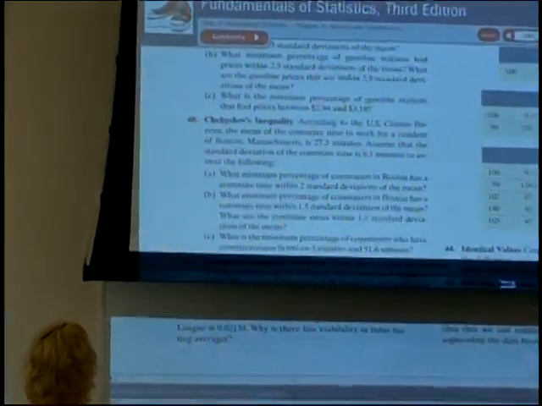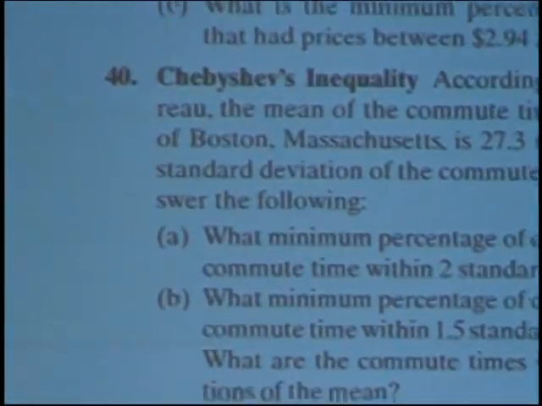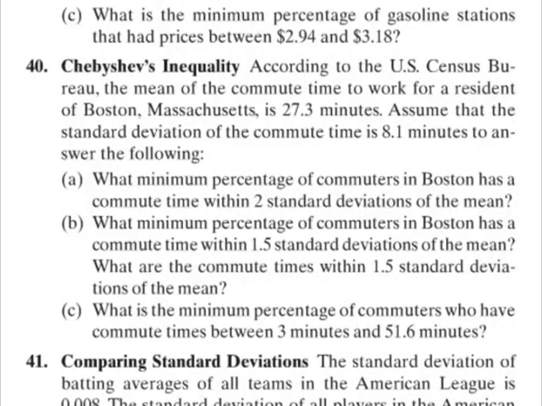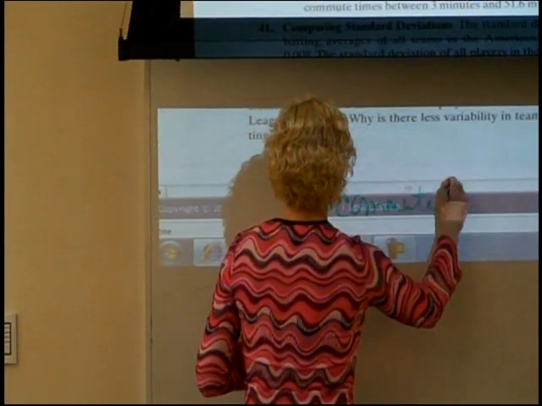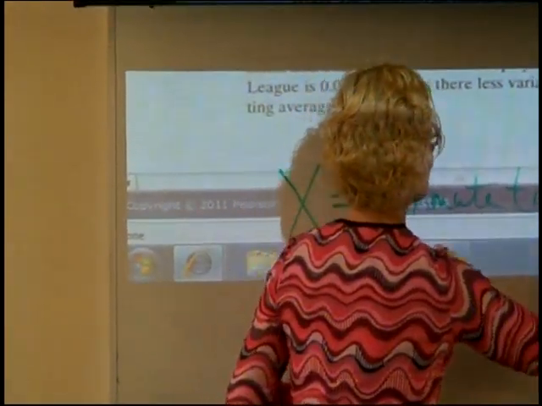75%? Okay, so here our variable is the commute time for a resident of Boston, Massachusetts. Okay, anybody ever been to Boston? Oh, I highly recommend it. Isn't it gorgeous? It's a great city. So our variable is a commute time for a person in Boston.